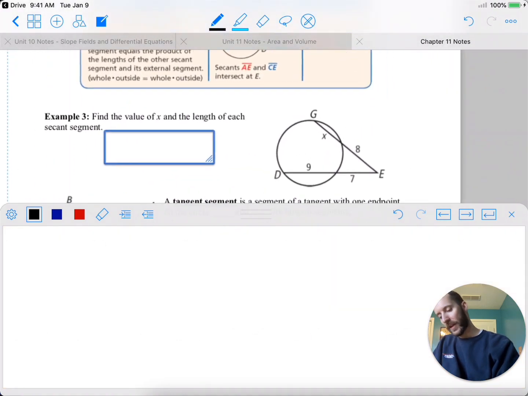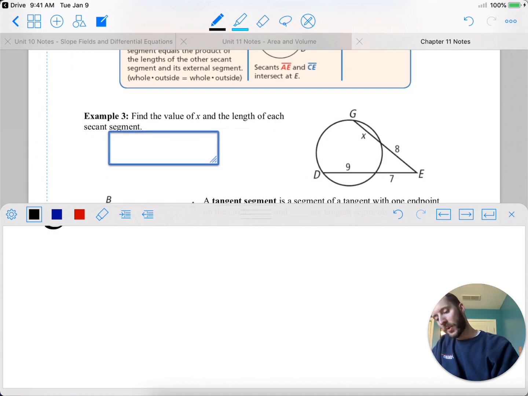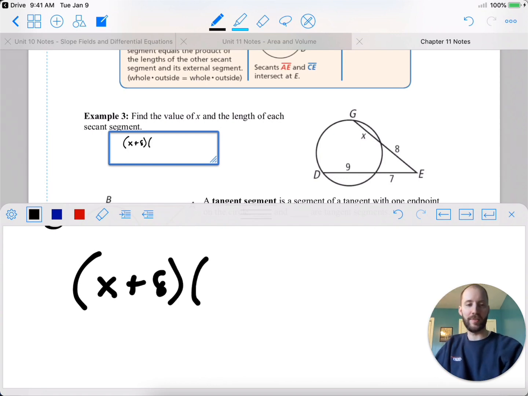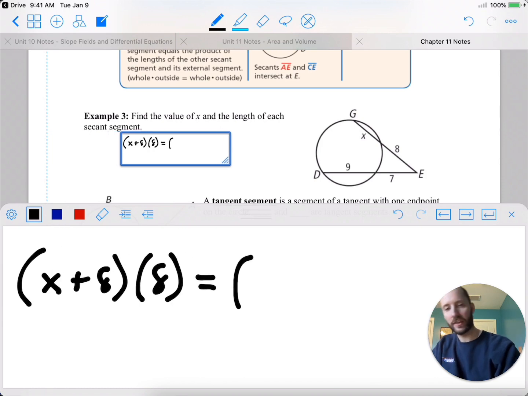So find the value of x and then the length of each secant segment. So we want GE, the whole thing, x plus 8, times only the exterior, equaling DE, the whole thing, so 9 and 7.